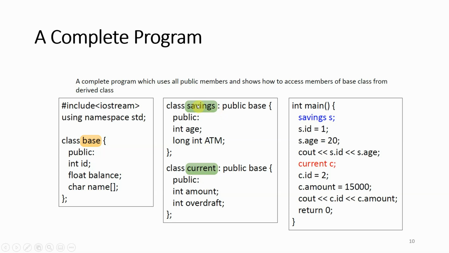So if we have another class derived from class savings, that class would not have access to ID, balance, and name because these are private members of class savings. So basically these two factors, the access mode in the base class and the inheritance derivation mode, show in what access mode these member variables are going to be inherited for the derived class.